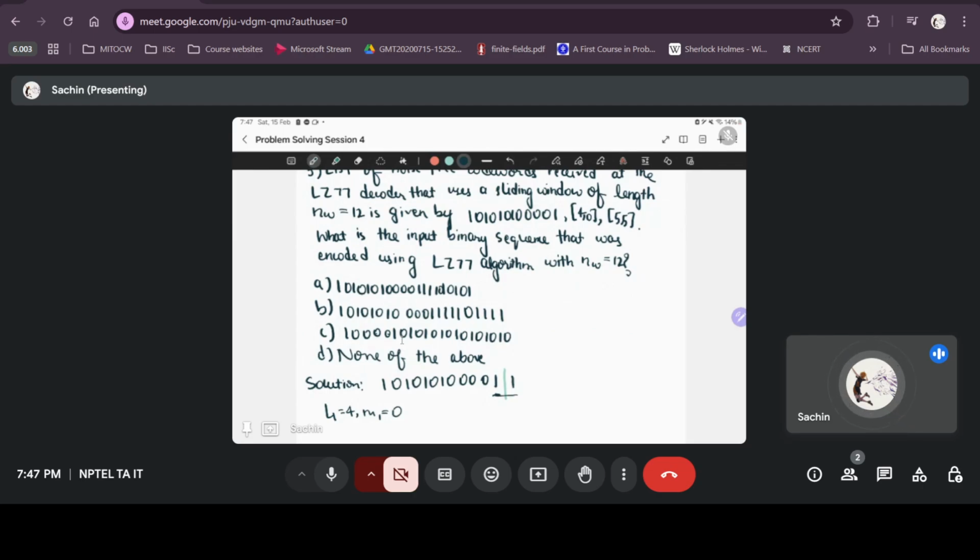Then it matches in both these positions, so the first 2 bits should be 1 1. Matches in the first 3 positions, so the first 3 bits must be 1 1 1. Matches in the first 4 positions, so the first 4 bits must be 1 1 1 1. In this way, you have a substring 1 1 1 1 which matches with another substring 1 1 1 1 that starts within your dictionary and its length is 4.